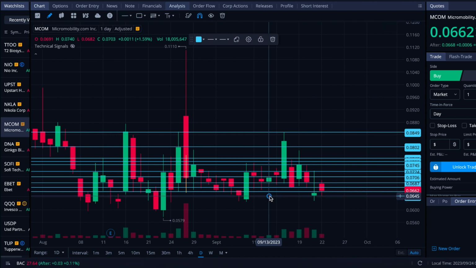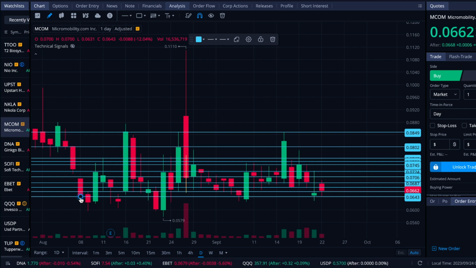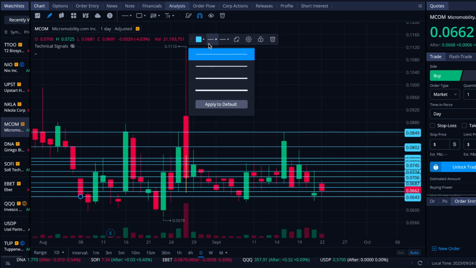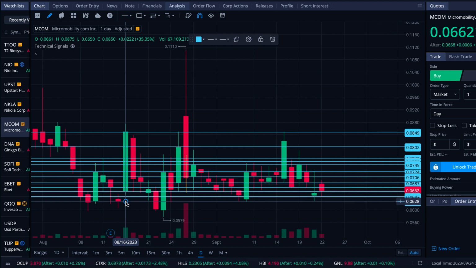Yeah, so there's a level here. Let's see, does this smooth it out if I put it here? Yeah, I'd keep it there maybe. 643. Okay, and then we dip below that. 628.